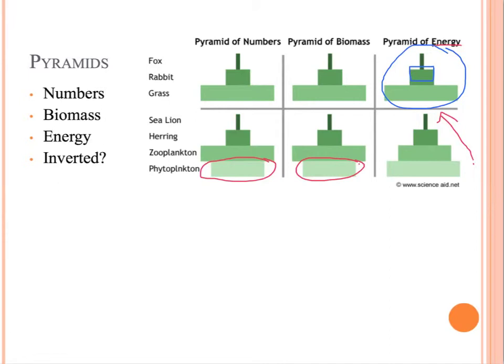So one very large producer will sustain a much bigger population. But in that case, you would still see a pyramid in the biomass because that very large tree is enormously heavy and massive and not nearly as big as the amount of mass that you have with the organisms that are feeding off of it.